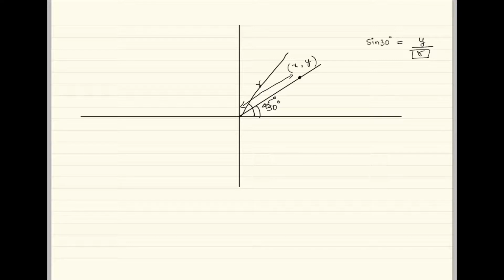At 90 degree, if you draw a line, you will get a line coinciding with the y-axis, like this, and this is 90 degree.